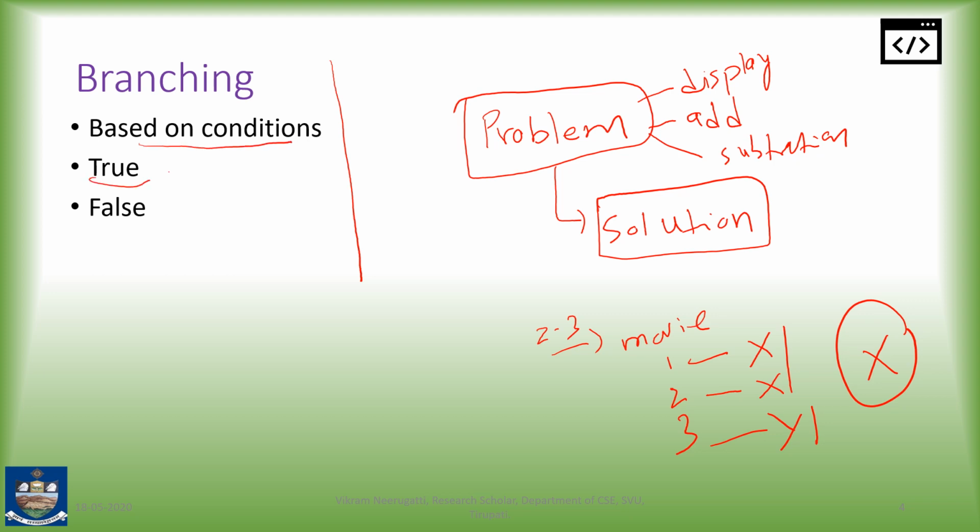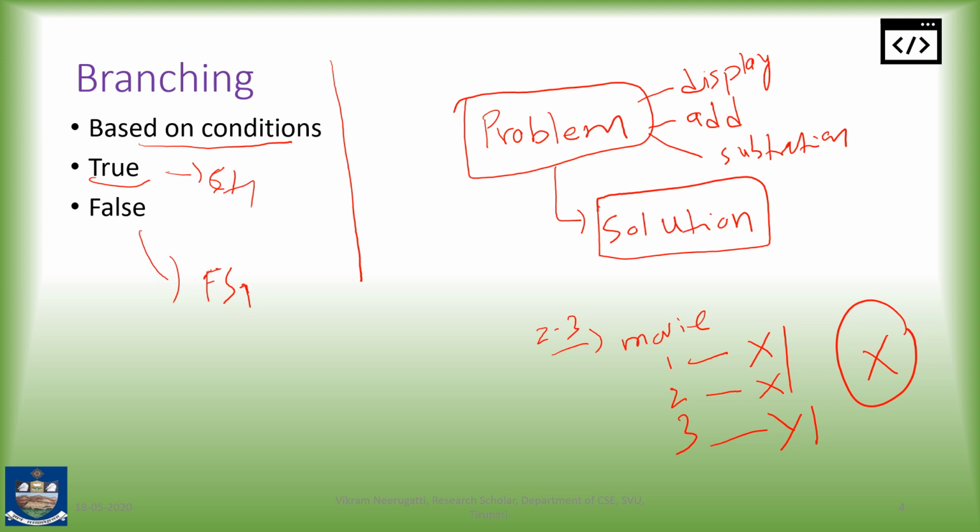If true, we will execute one statement, the true statement. If false, then it will execute the false statement. That's how we do it in the branching statements. So we will use a condition. Condition means we need to use conditional operators. What are the conditional operators? We may check whether a particular statement is true or not.